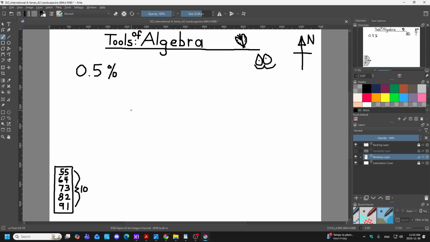As you're learning. All right, like it suggests, to convert a percentage to a fraction, place the number over 100 and simplify. So, 0.5 over 100.